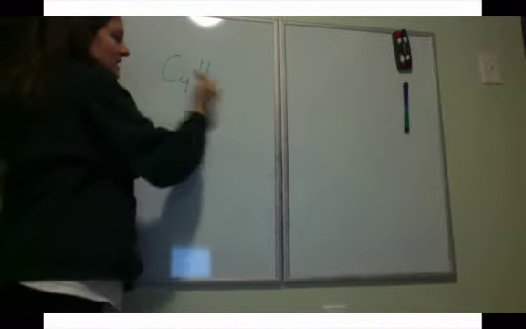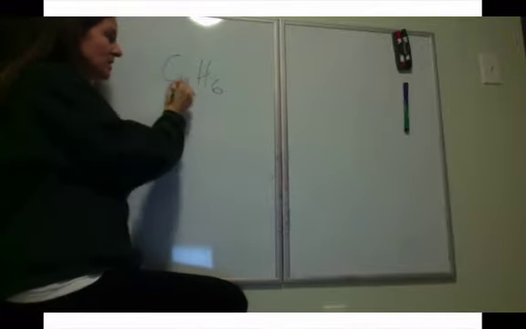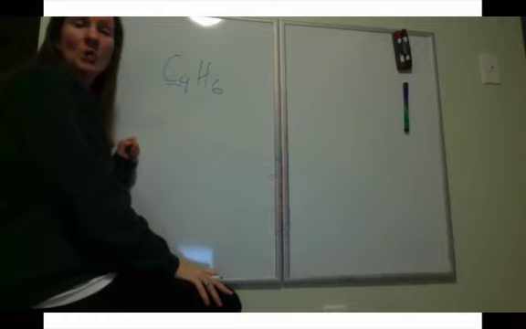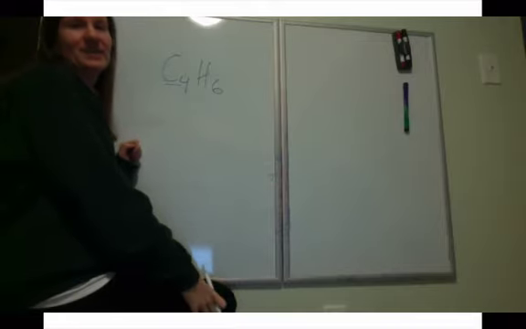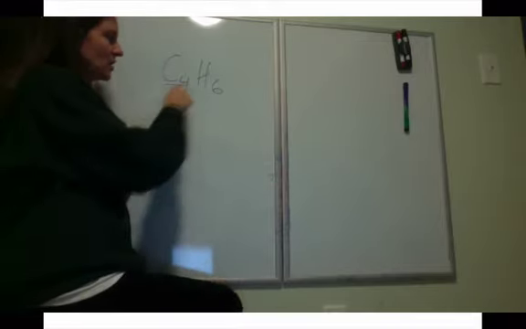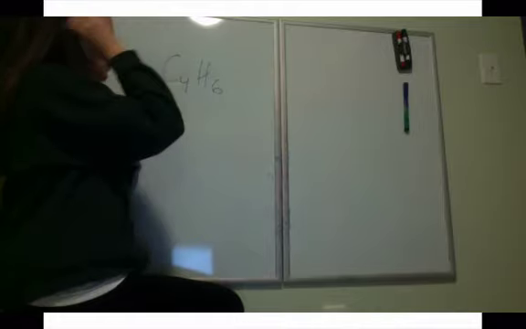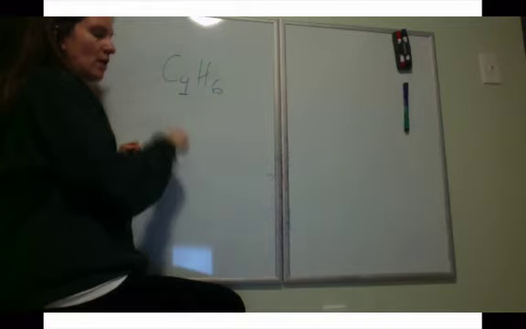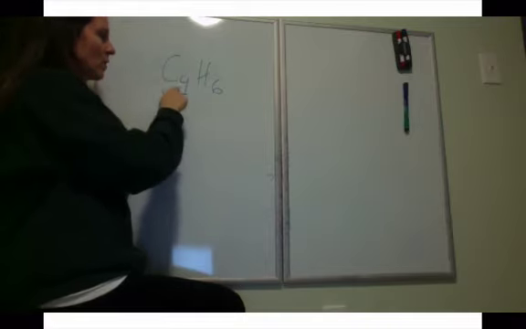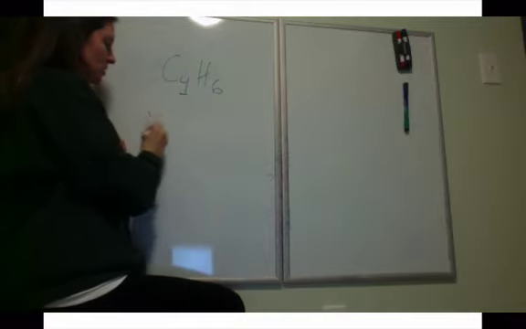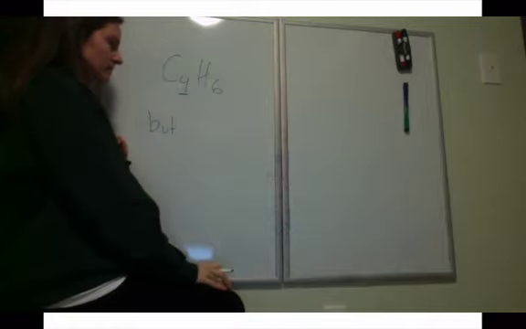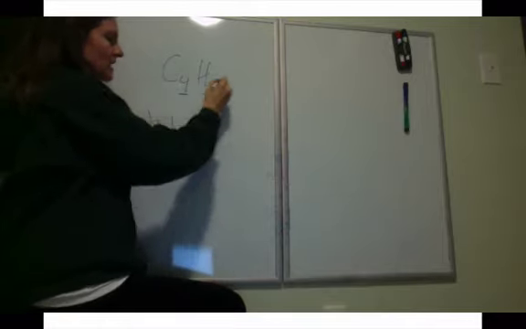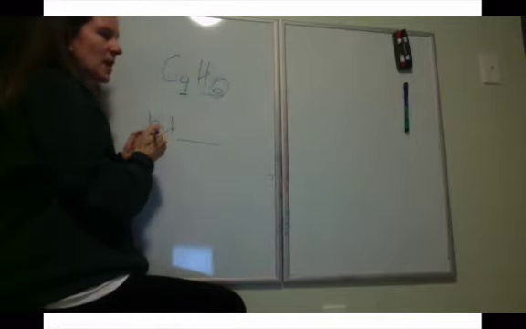Next one, we have C4H6. First question, is this a metal? No. Is it a hydrogen? No. Is it a hydrocarbon? Yes. You have carbon, you have hydrogen. So we name the hydrocarbon based on the number first. So 4 was named but. Now you have to figure out what the ending is going to be, and you figure out what the ending is based on how many hydrogens you had.